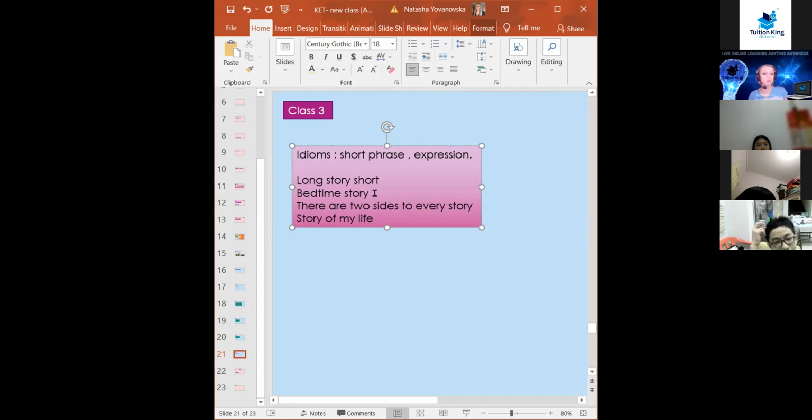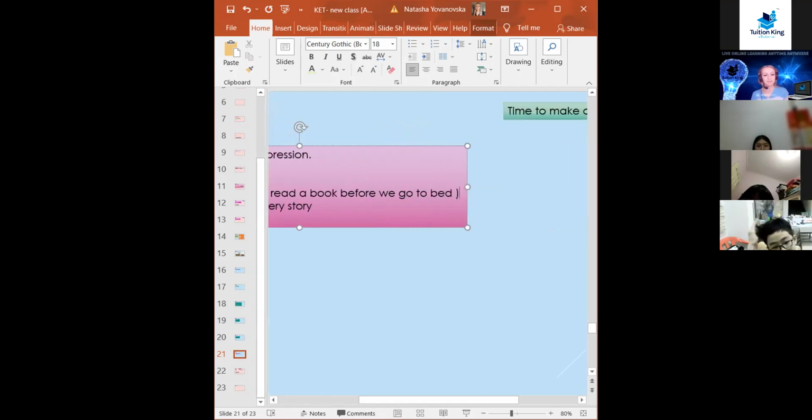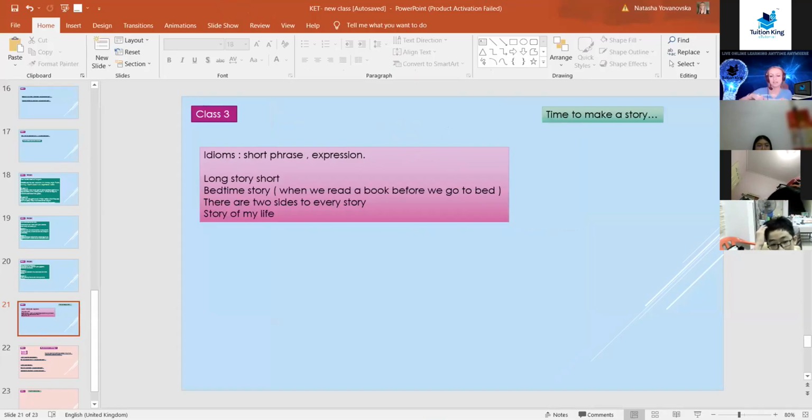We usually read bedtime stories to kids. So when we read the book before we go to bed, especially to young kids, like babies or little children, they want their grandparents or parents to read them a story. So that's a bedtime story. You're in bed, going to sleep, and somebody is reading a story for you. Very easy, very simple.